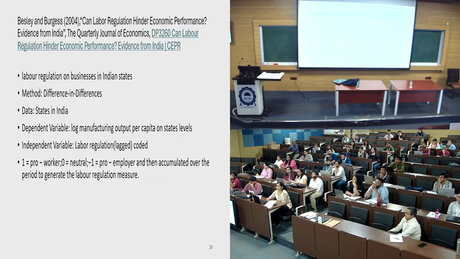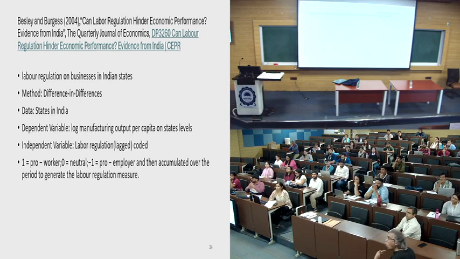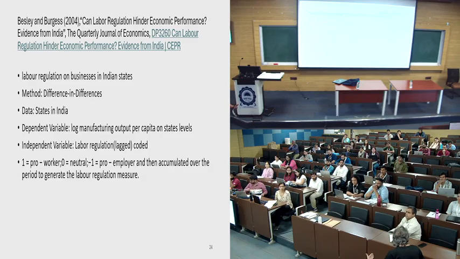In one way, Besley and Burgess, QJE, is one way to think about how they did that. So what is the basic idea of the paper? They want to think of labor regulation on business in Indian states. Why? Because different states have different types of labor regulation.